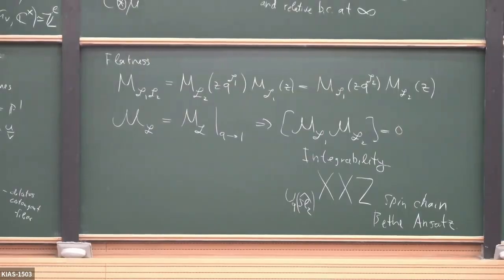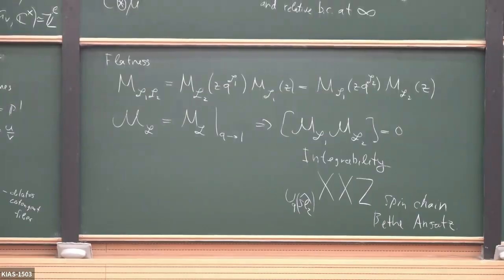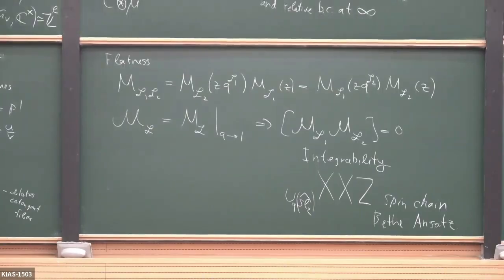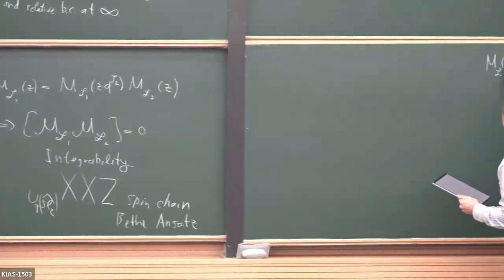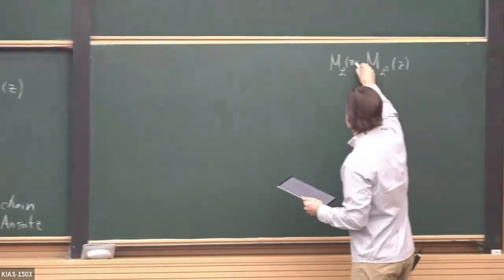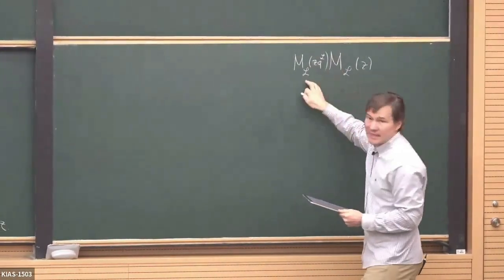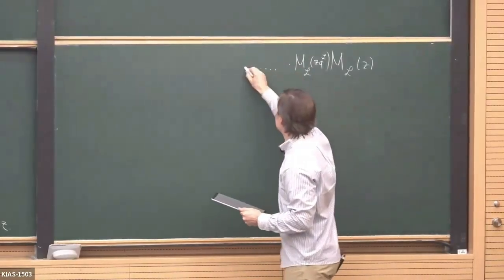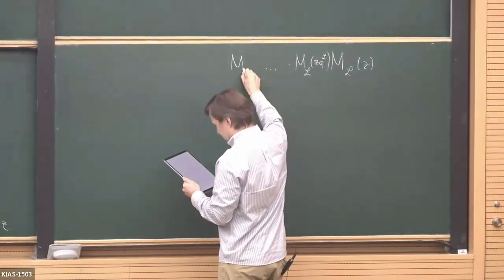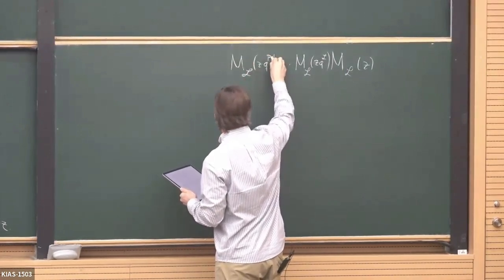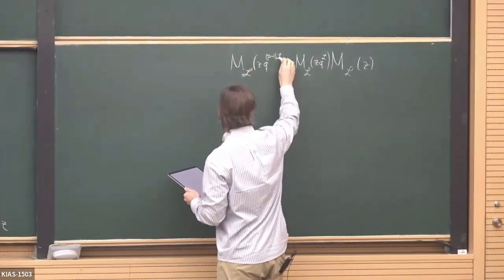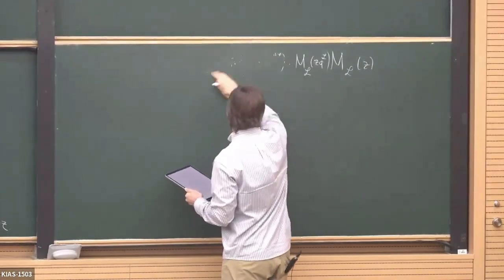Good. Now let's talk about this more interesting element. Let's modify the story a little bit. Let's say I take M_L, again picking a line bundle from the Picard group. I do M_L, then I shift it again and compose, and I do it p times.